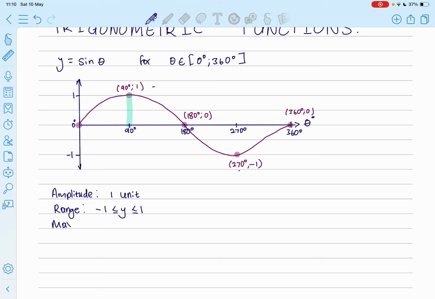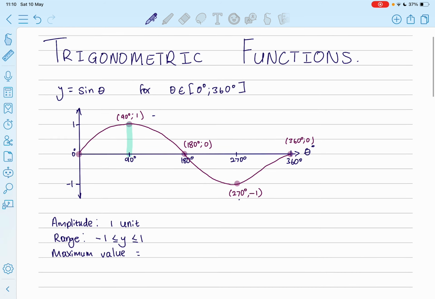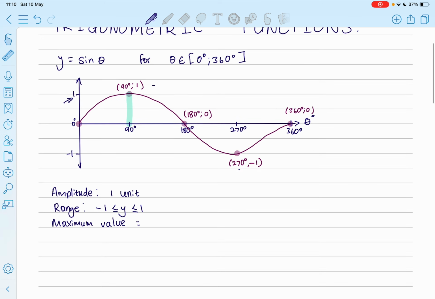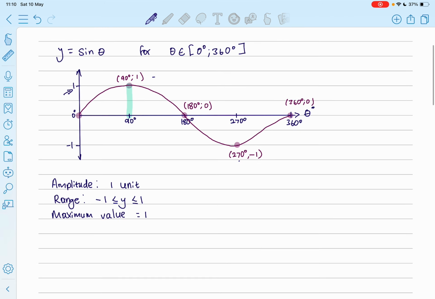And then the maximum value is +1, as I said at the beginning of the video. That's the highest y value, and it's 1. And the minimum is going to be -1.